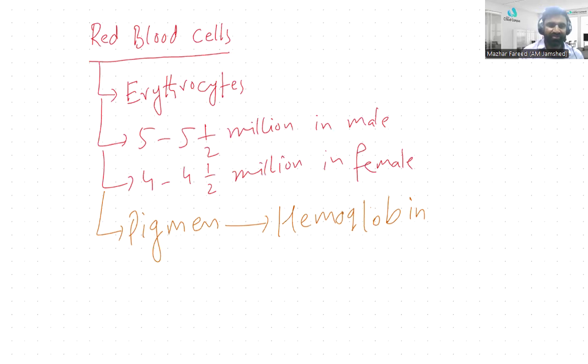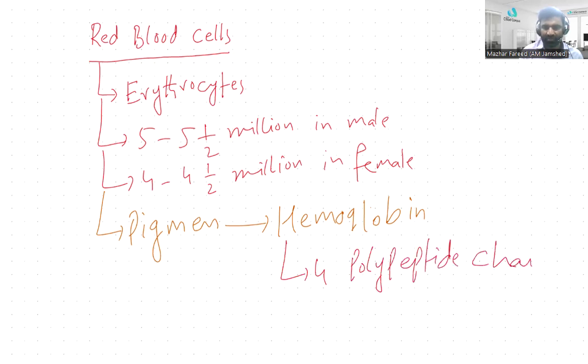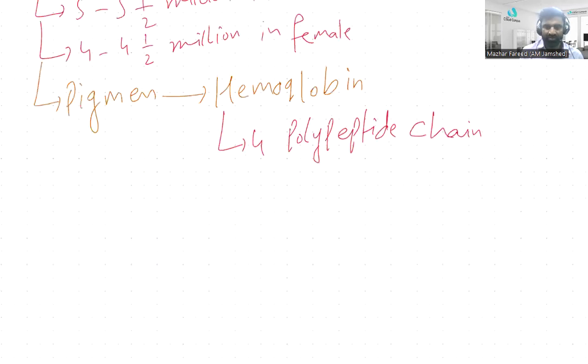So if we see the structure of hemoglobin, hemoglobin is made up of four polypeptide chains. So it can carry four oxygen molecules.